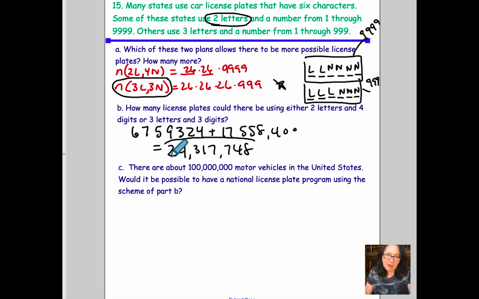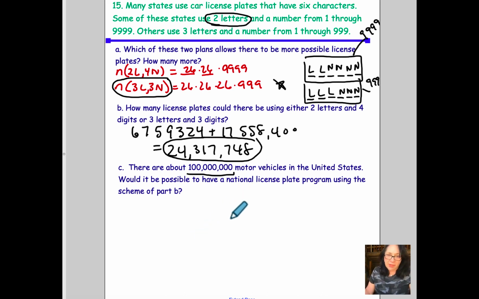So is that worth it? Do I have the 24 million plates that I need, or do I need more or less? When you're looking at that, you're thinking, well, there are about 100 million motor vehicles in the United States. So would it be possible to have this national license plate program in our system?